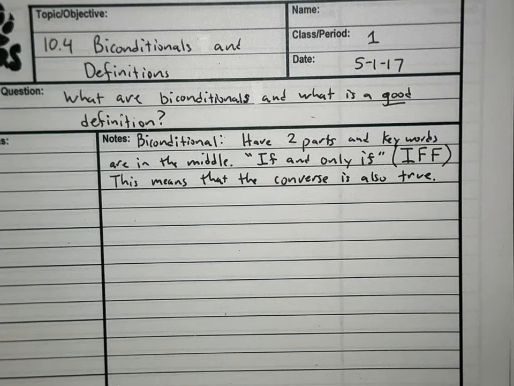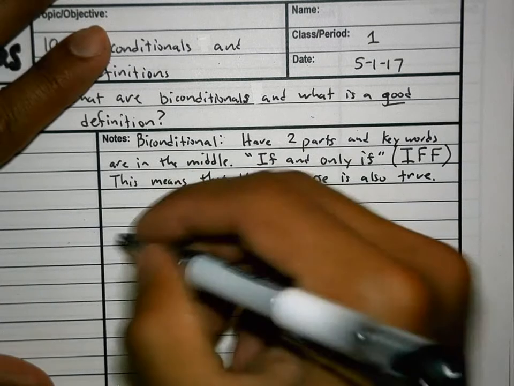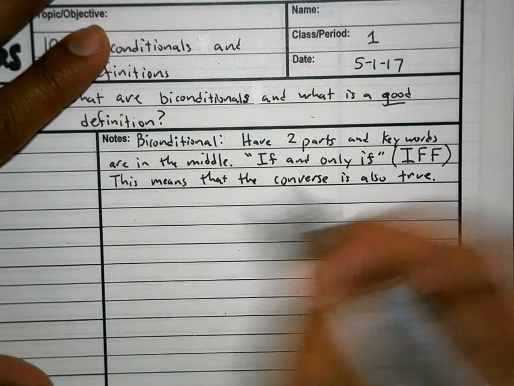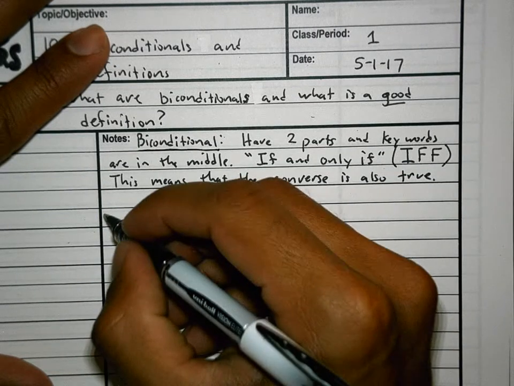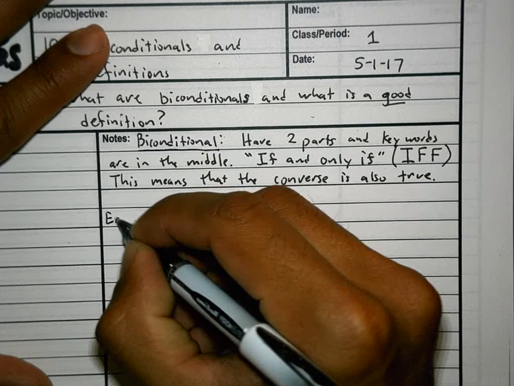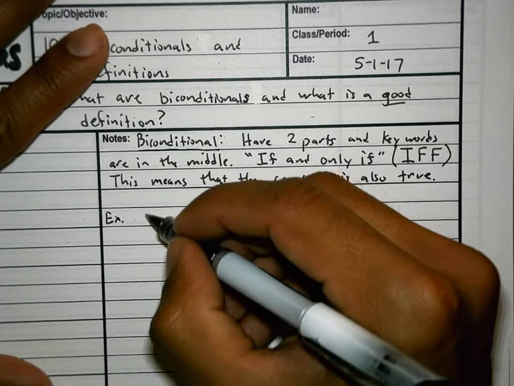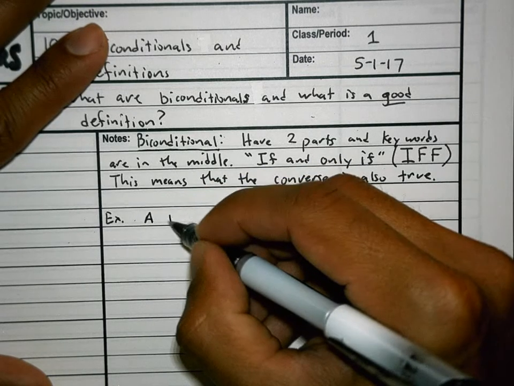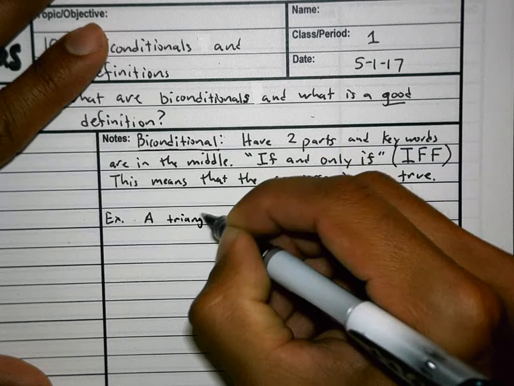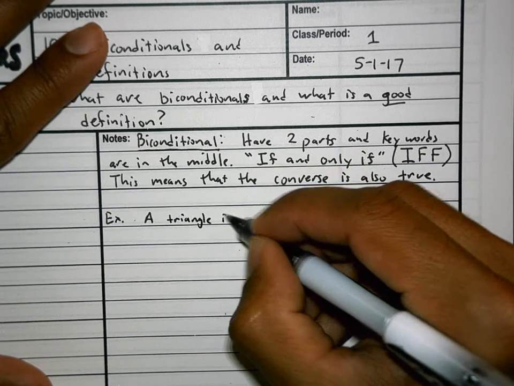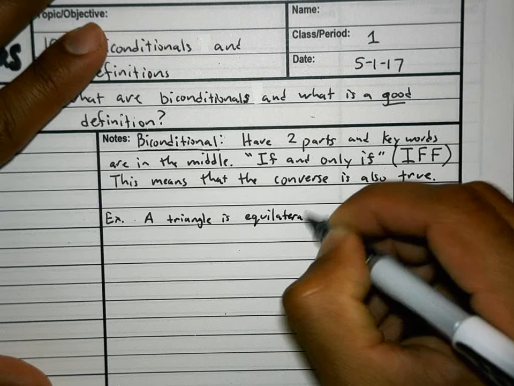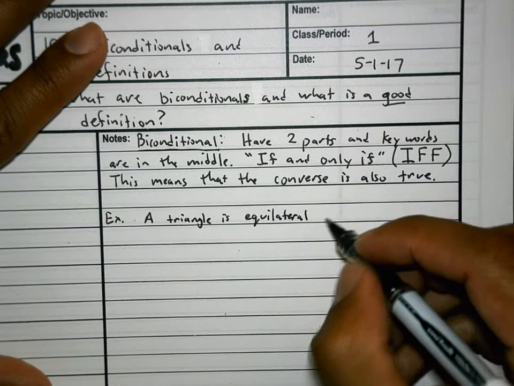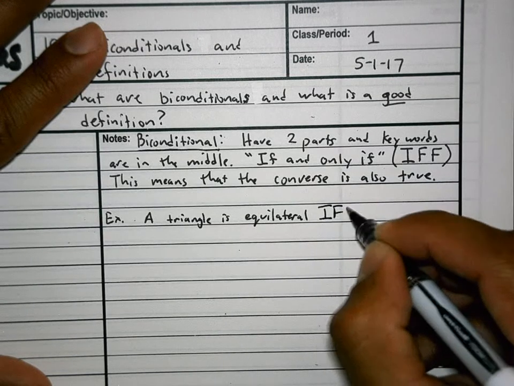So here's my example for you. My example is this, of a biconditional. What's a biconditional? I already have it here, but here's an example of what a biconditional looks like. A triangle is equilateral IFF.